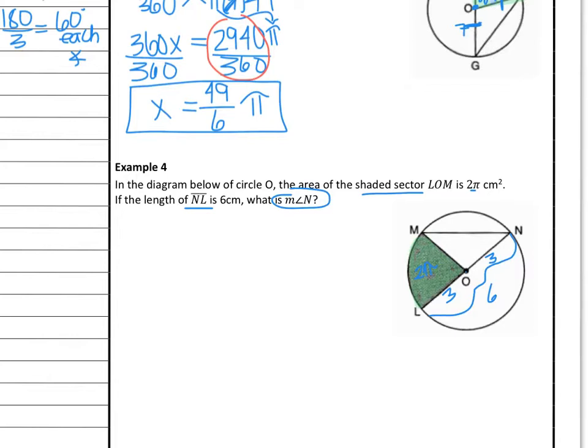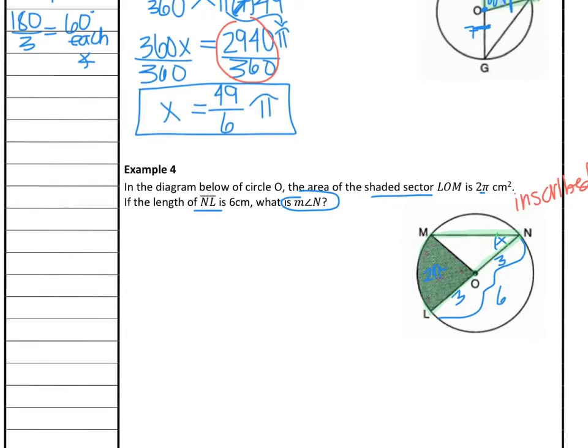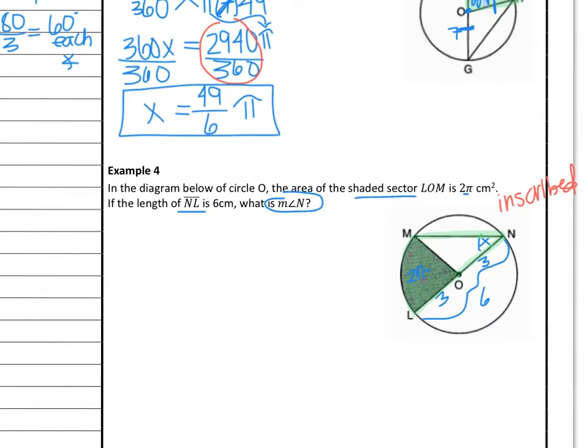So we're trying to find this angle right here, X. Okay, so I want you to step back and think about what kind of angle N is. So angle N is way over there, and it's an inscribed angle. Okay, so an inscribed angle is equal to the angle that it is open to divided by 2.